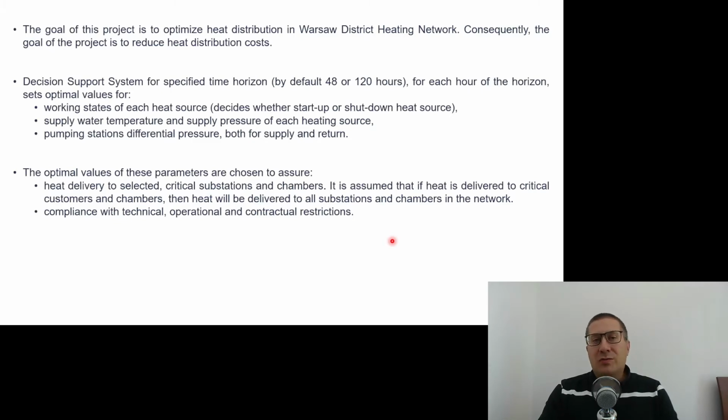We also have to fulfill all the operational conditions that are defined by dispatchers, and of course all the legal agreements have to be met. So agreements between the CHP plant and district heating network operator, and between the district heating network operator and end users.